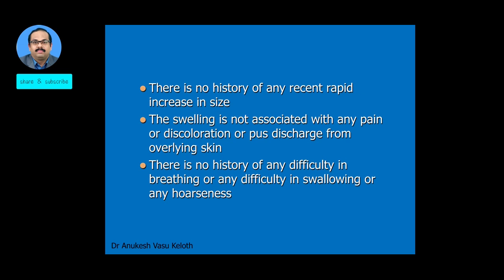There is no history of any recent rapid increase in size. The swelling is not associated with any pain or discoloration or pus discharge from the overlying skin. There is no history of any difficulty in breathing or any difficulty in swallowing or any hoarseness.